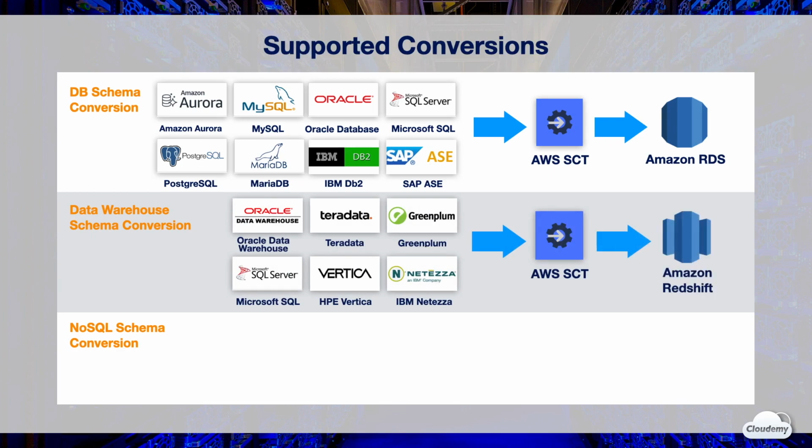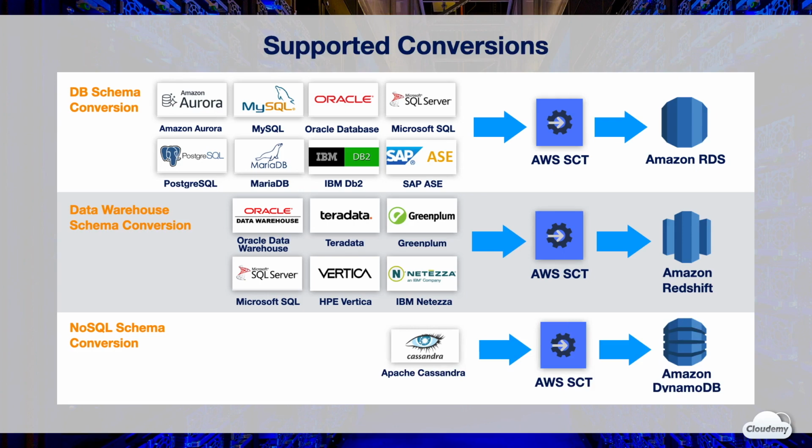You can convert schema and data types from the following source data warehouse systems, including Oracle Data Warehouse, Teradata, Microsoft SQL Server, Vertica, Netezza, and Greenplum, to the target data warehouse clusters provided by Amazon Redshift. SCT also supports NoSQL conversions from Cassandra Database to Amazon DynamoDB.